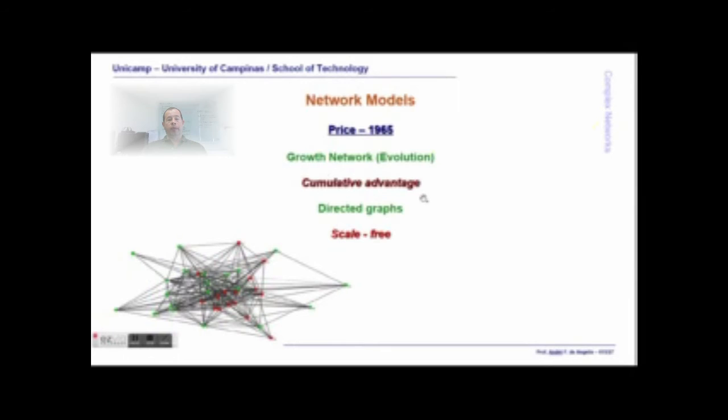Then, if you think that a large number of neighbors is an advantage, this is a cumulative advantage because the oldest nodes have more time to get more and more neighbors.